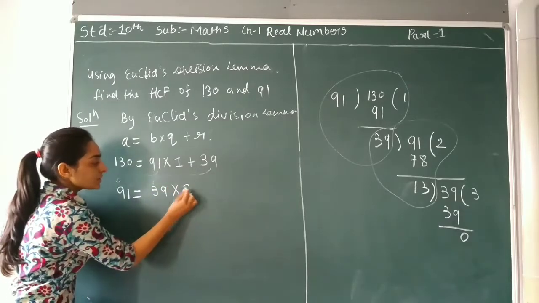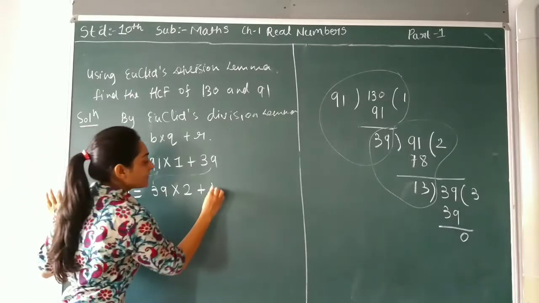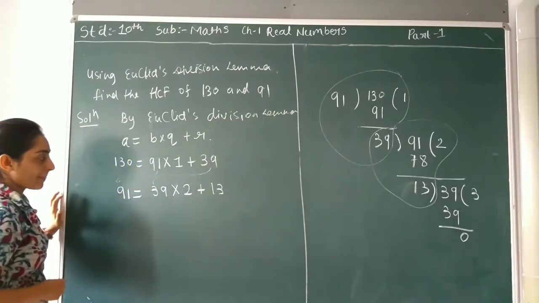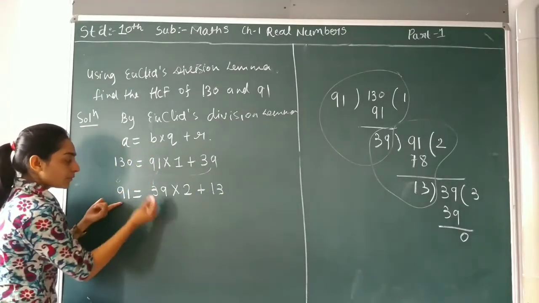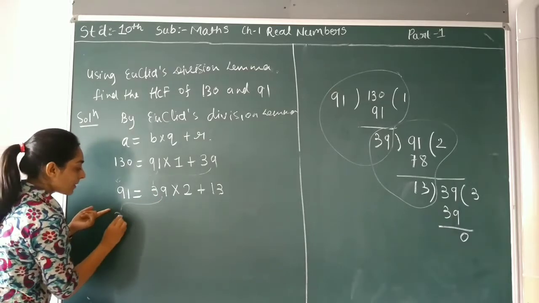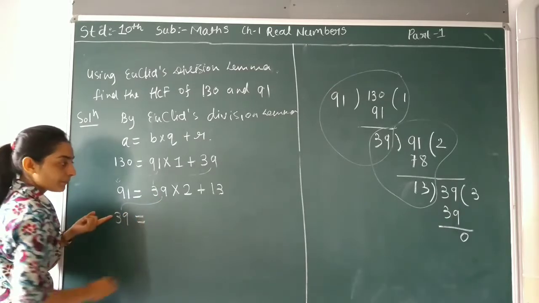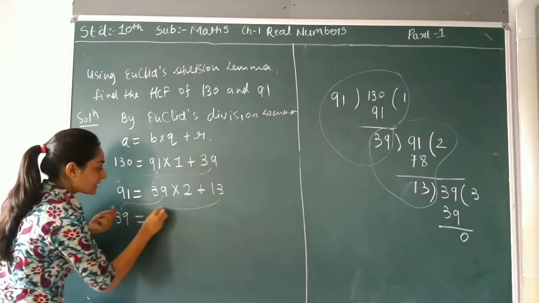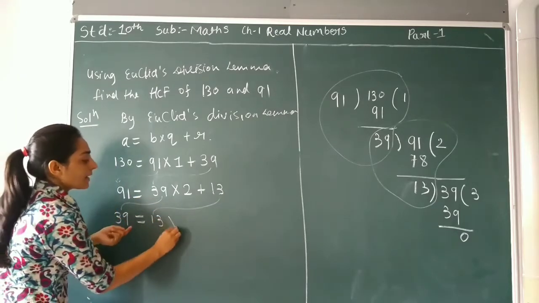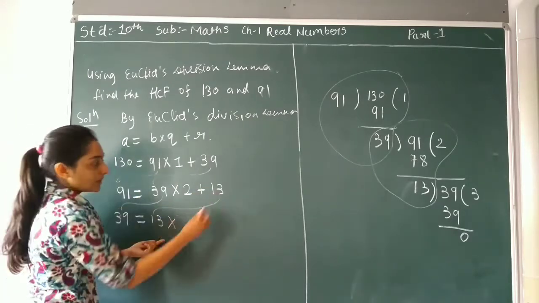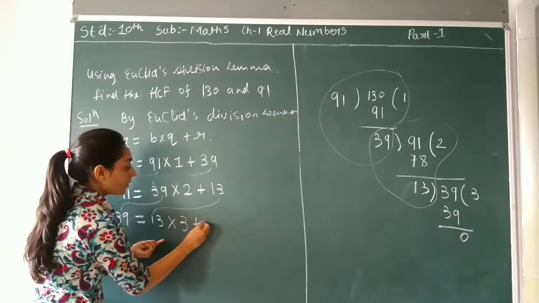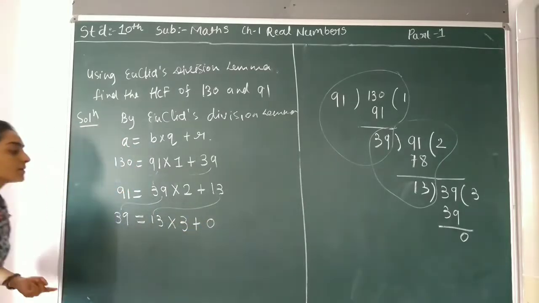What quotient? 2, and what remainder are we left with? 13. Then I'm taking this 13 over here and multiplying with 3, and the remainder is 0.